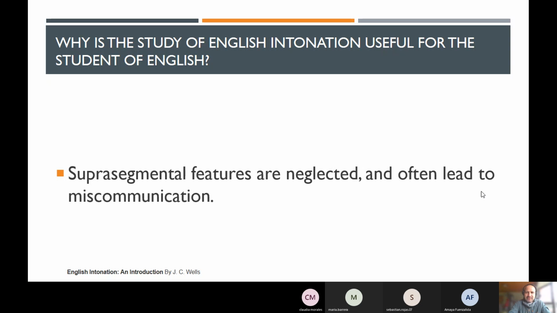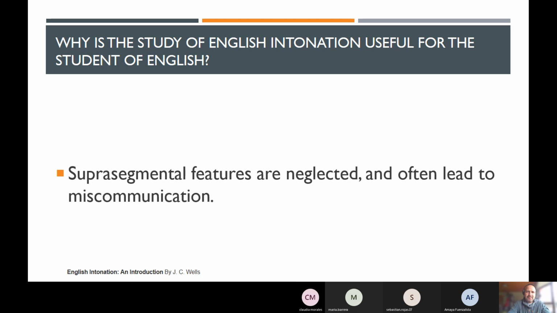Okay. So it's often neglected. I mean, teachers don't pay attention when they teach English, so they focus only on segmental features. So they teach students how to pronounce a, o, u, e, right, etc. The contents that we covered last semester, but don't pay much attention to suprasegmental features, which often create confusion, particularly when you're talking to native speakers, or when you are talking to other non-native speakers.